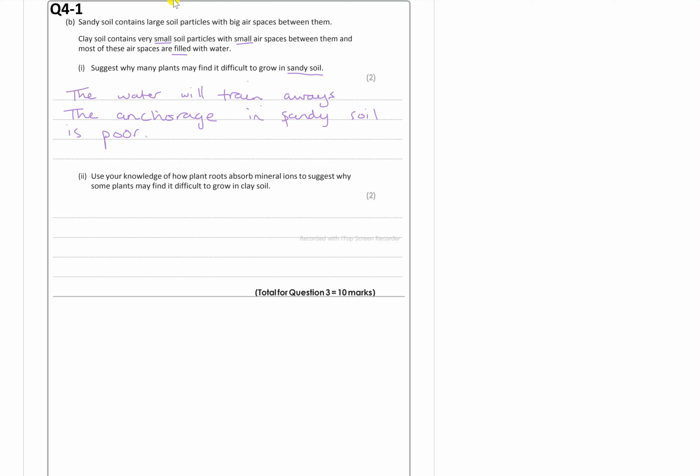Right, so it's going to become unstable. Use your knowledge of how plant roots absorb mineral ions to suggest why some plants may find it difficult to grow in clay soil.